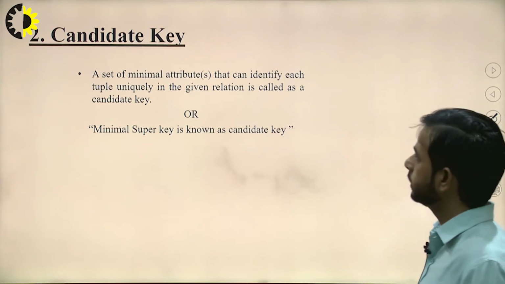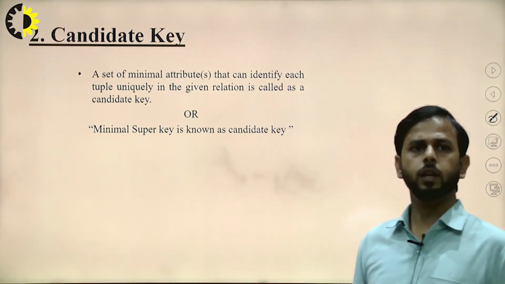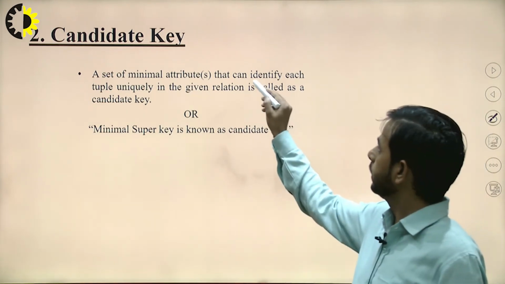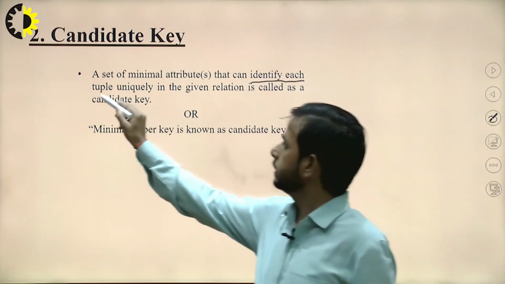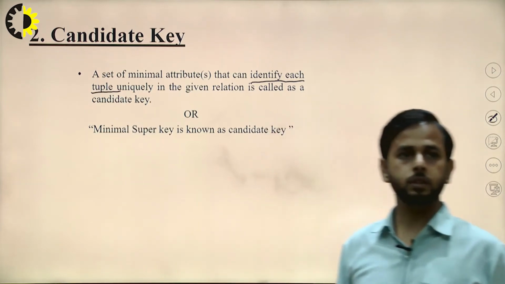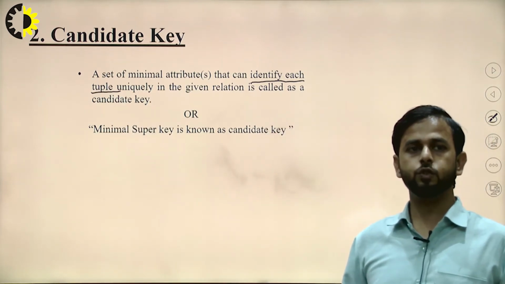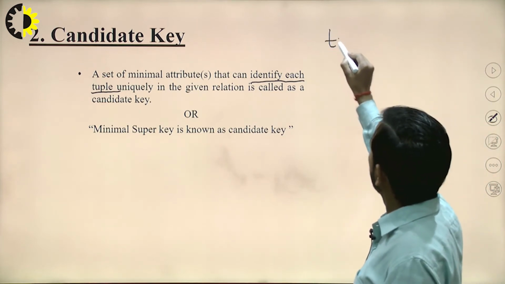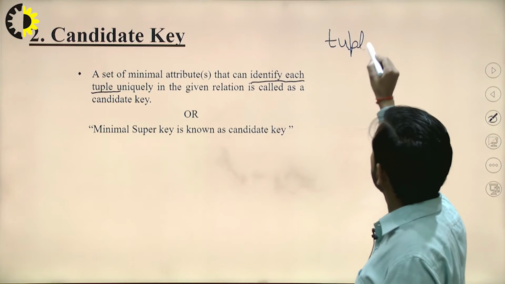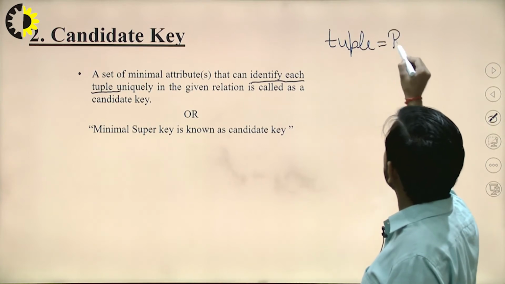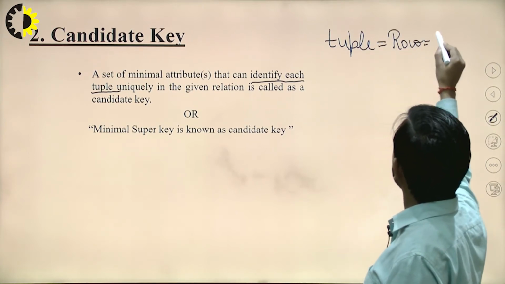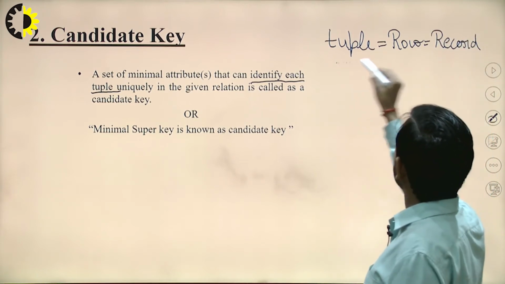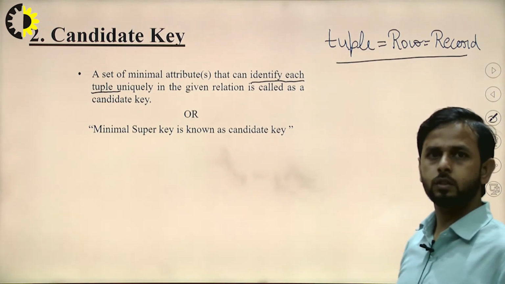Next, see the candidate key. A candidate key is a set of minimal attributes that can identify each tuple. Here tuple means each record, each row. Tuple, record and row are the same thing.